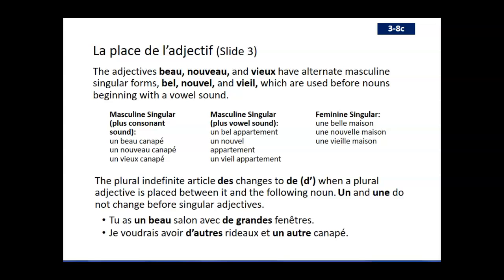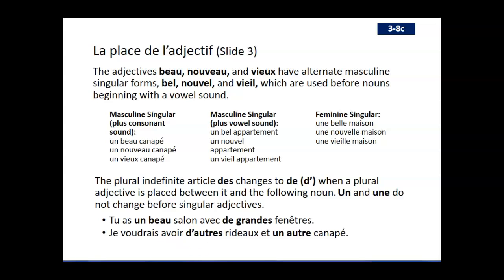I could say, tu as un beau salon avec des fenêtres. You have a beautiful room with some windows. Okay, so if I remove the adjective grandes, I'm going to use des like I normally would. But as soon as I insert that adjective in there, then I need to change des to de. So hopefully that helps it to make a little bit more sense.